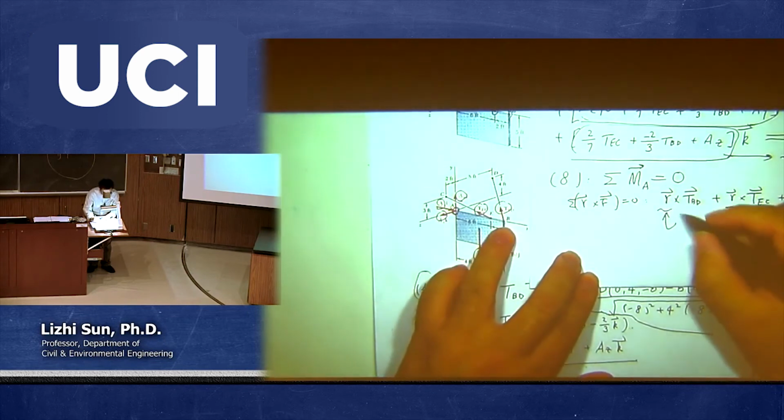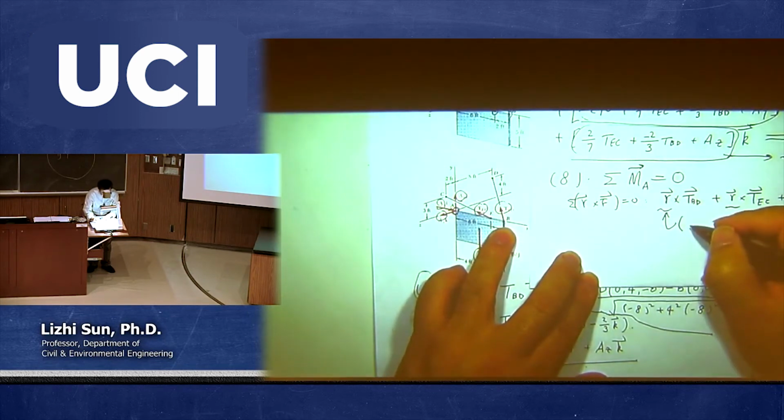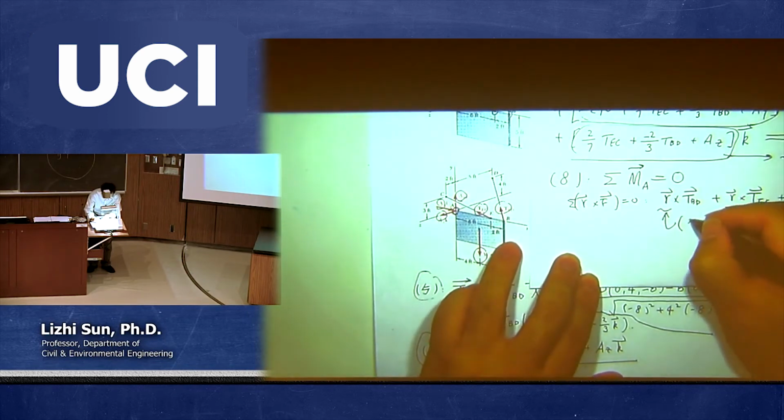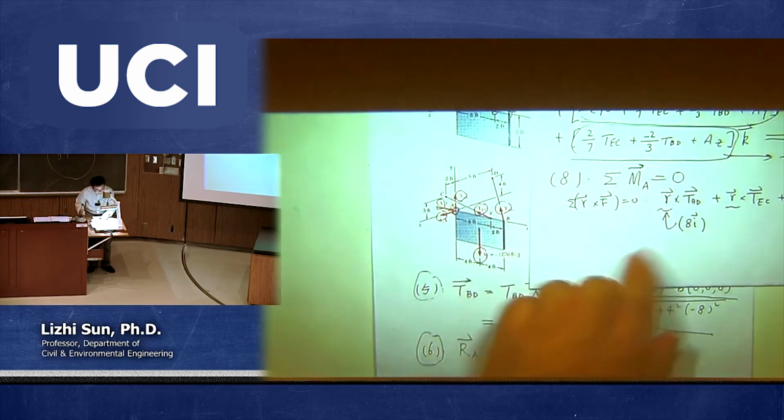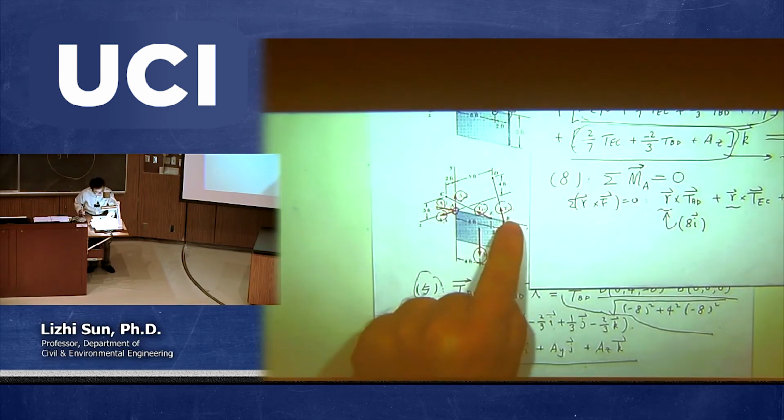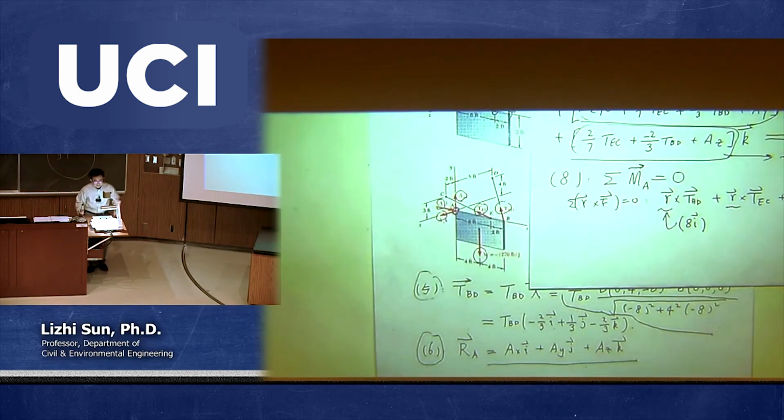So in other words, what is B? You've got the three components. The three components of point B are 8I and 0 times J and 0 times K. So this R is basically from A to B, that's B subtract A. And finally you end up with 8I. Any questions?